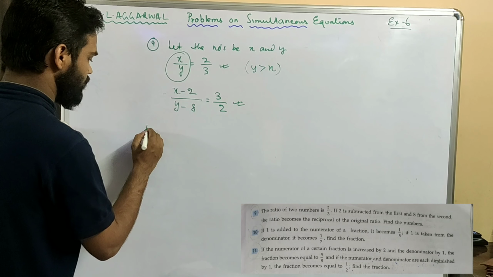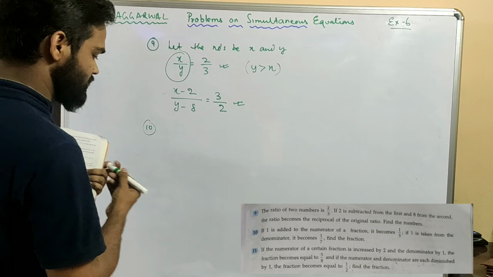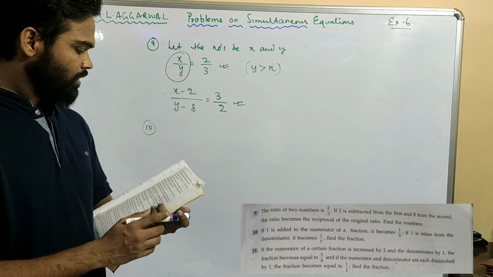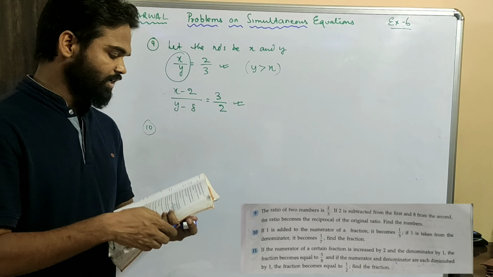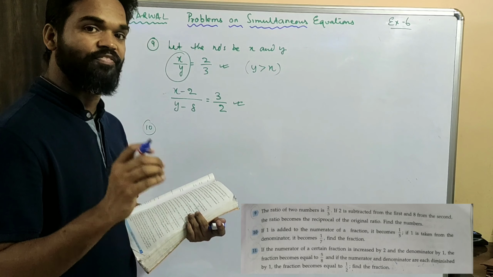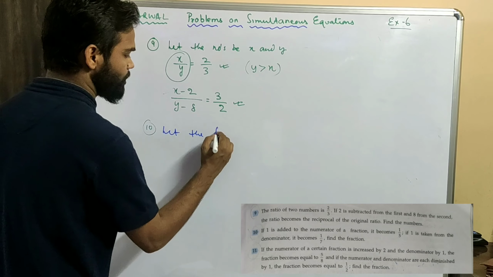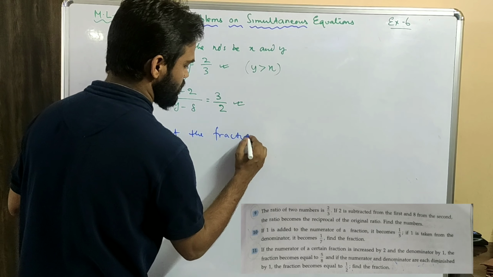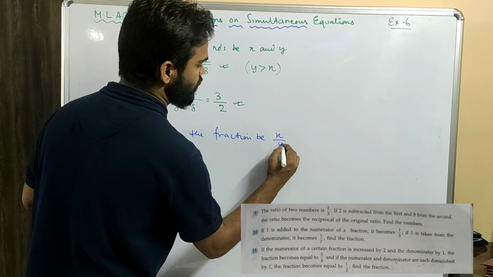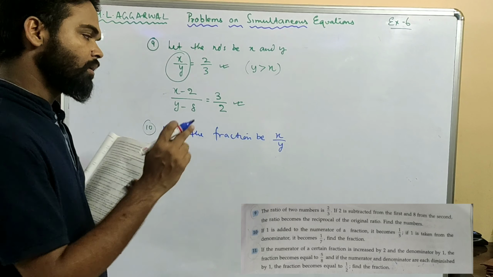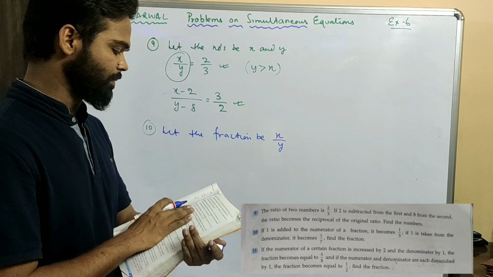Now, look at sum number 10. If 1 is added to the numerator of a fraction, fractions are always, let the fraction be x by y. Your numerator is x and the denominator is y. Now we'll read the sum.